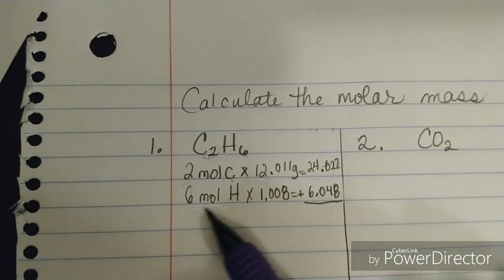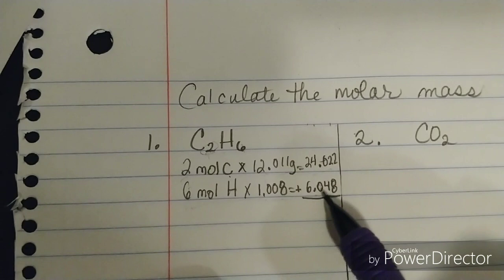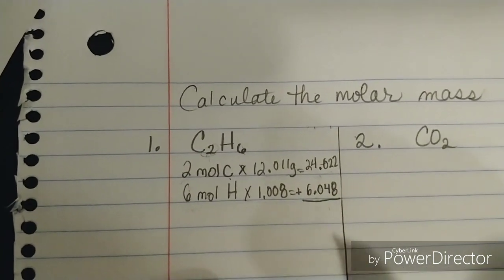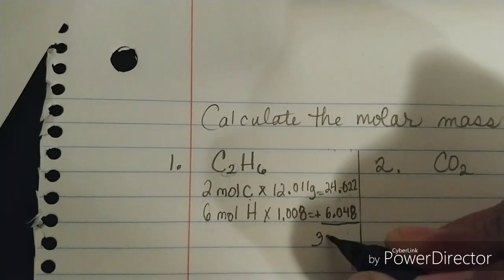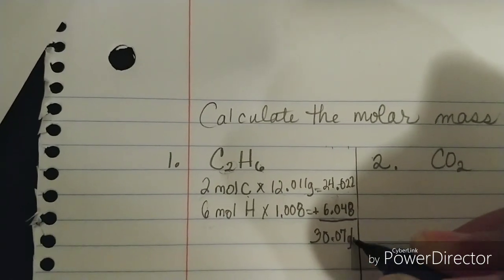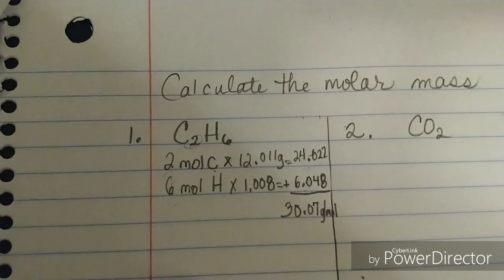You multiply the 6 by 1.008, you get 6.048. So now that you have those numbers, you add them together. By adding them together, you get 30.07 grams per mole, because that is a unit for molar mass.